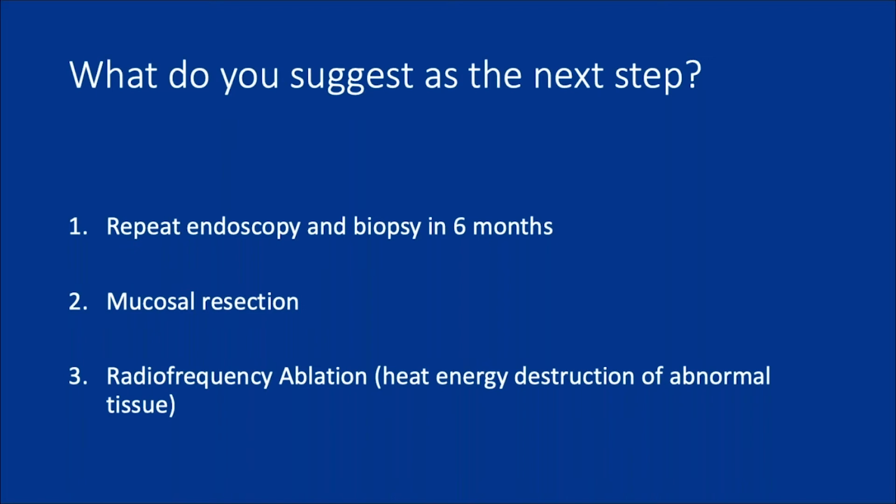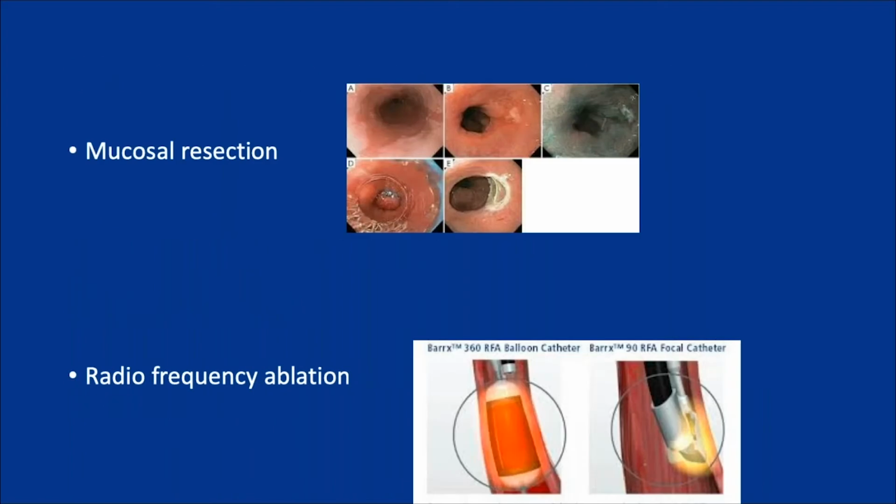And what do we think about? Well, many of us grew up with repeating the endoscopy and biopsy in 6 months. And let's look at a little bit more information here. This top part shows what a mucosal resection is, and it's removing a divot. It's using a cap on top of the endoscope and endoscopically removing a divot from the lower end of the esophagus.